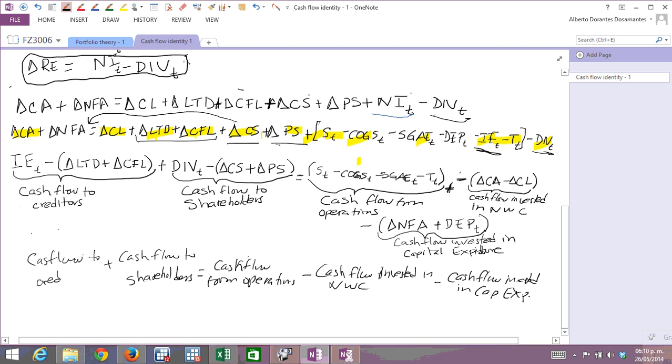Okay, then this basically makes sense, because now you're saying that this is the core engine of the company, cash flow from operations.